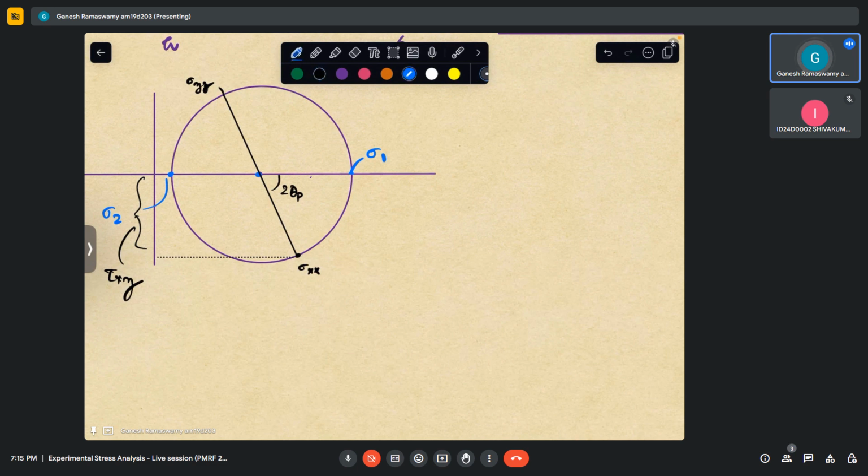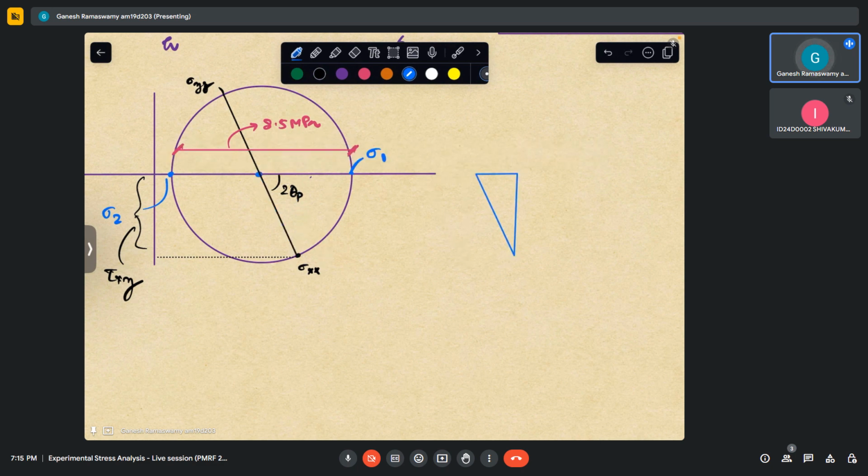Now another piece of information I know is, what is this distance? Sigma 1 and sigma 2. So this is equal to 8.5 MPa, from my calculation. So let me consider a triangle like that, and I will just isolate this triangle.